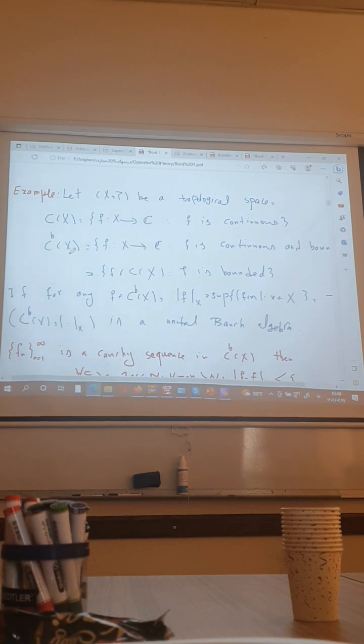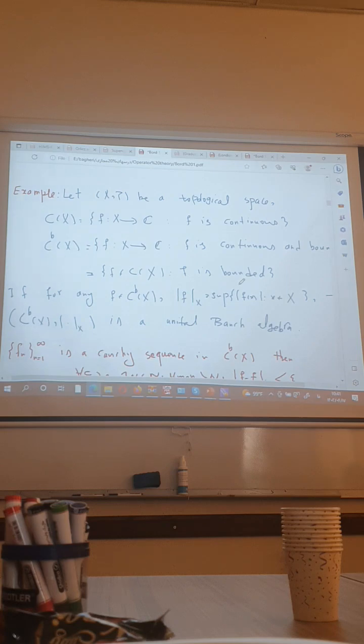And C_b(X) equals the set of all f from X to C such that f is continuous and bounded. Or the set of all f in C(X), continuous functions, such that f is bounded.